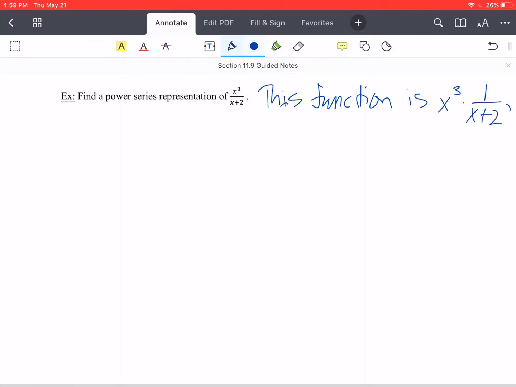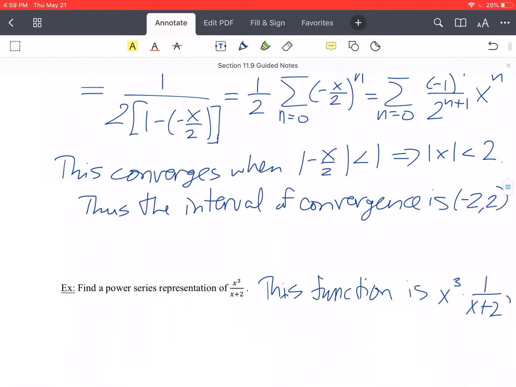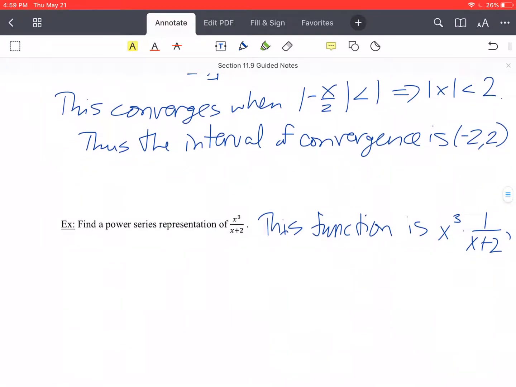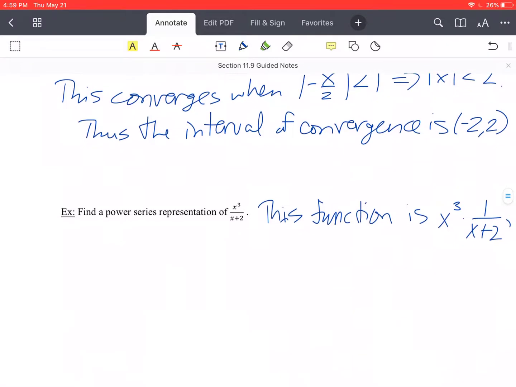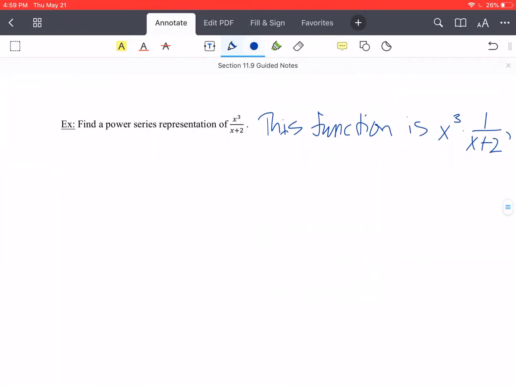So notice that the second part of that, the 1 over x plus 2, that's just the same thing that we just did, right? We found a power series representation for that one. So really, all we need to do is just multiply the series by that x cubed factor, and then that's going to give us what we want. So we can just multiply the series.